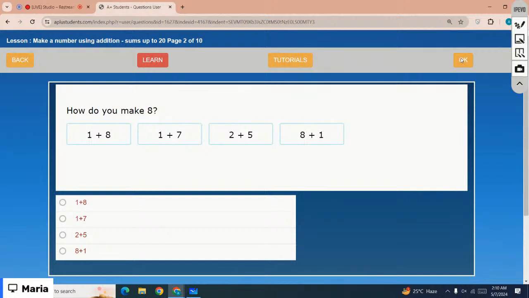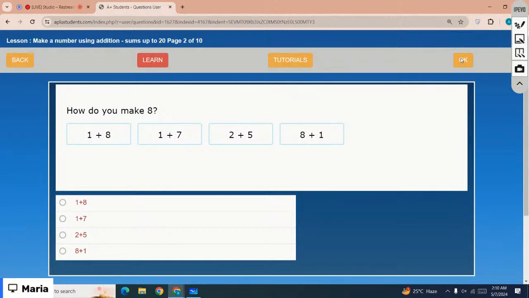The next one is how do you make 8, which is the correct option? You have to make 8, right?